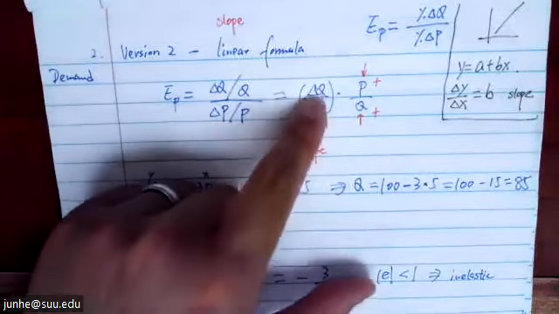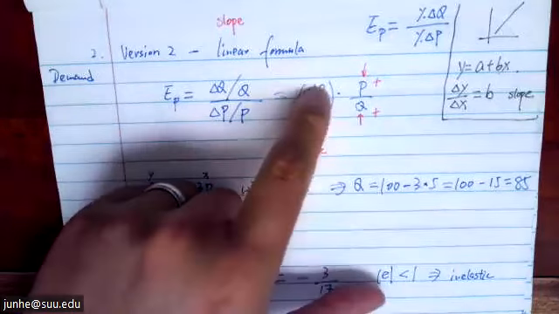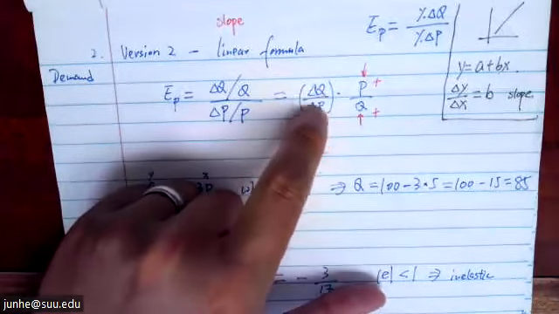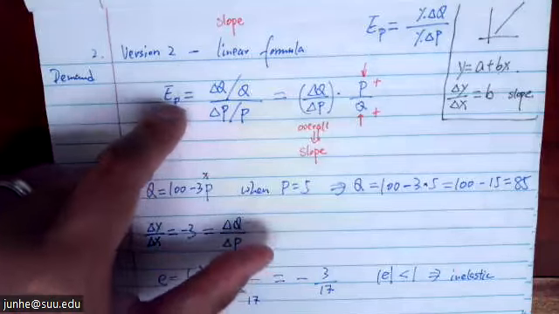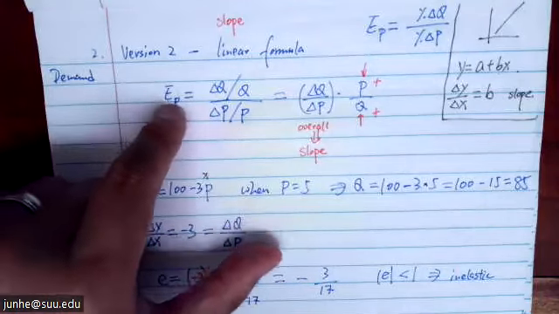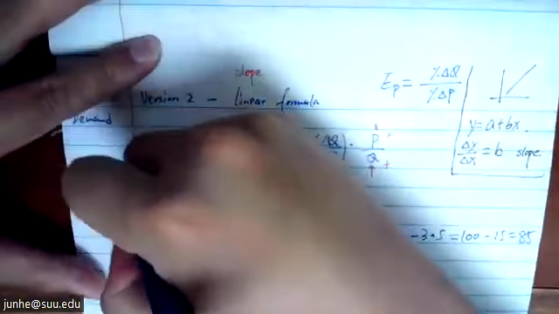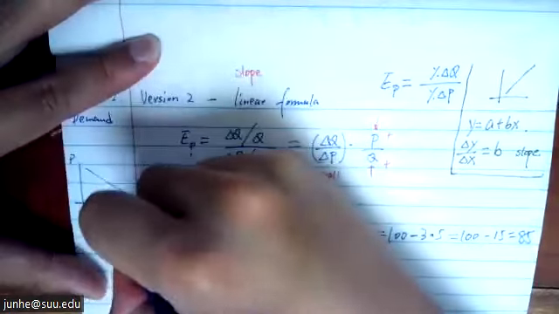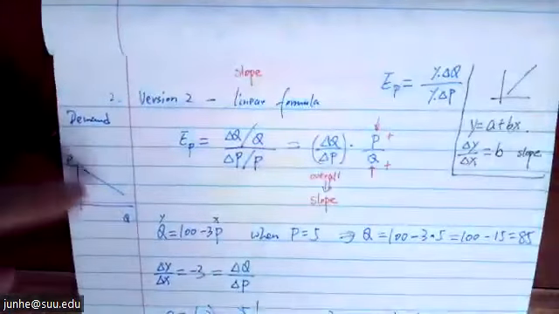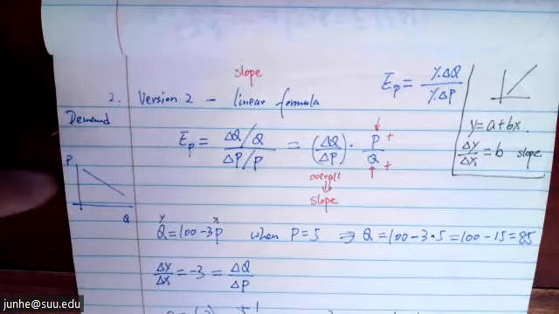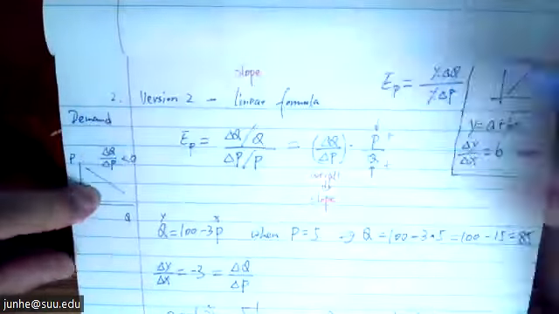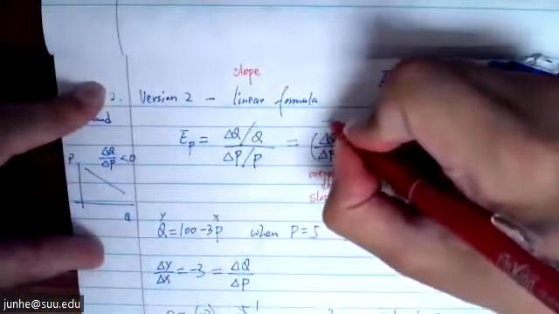this delta Q over delta P, which is a slope term, is the determinant of the sign of the elasticity. In the case of demand, we have P and Q changing in the opposite direction, the law of demand, right? In that case, your delta Q over delta P should be of a negative sign.